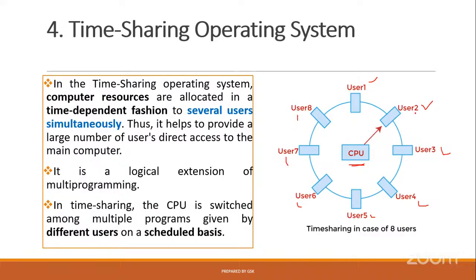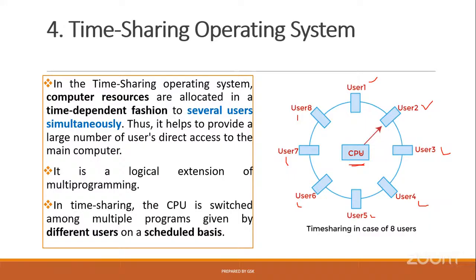Assume that user 1, user 2, user 3, and so on, up to user 8. 8 users are connected to the single CPU, and this single CPU is going to execute all the jobs related to all these users. 8 users' programs can be executed by the single CPU.